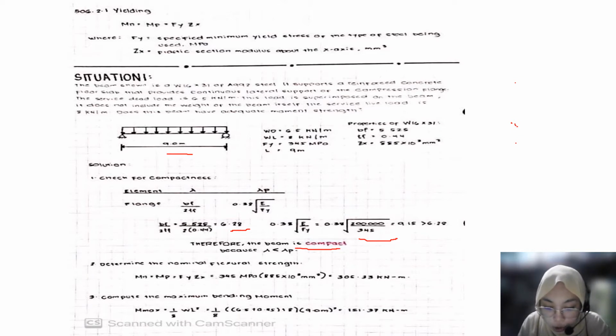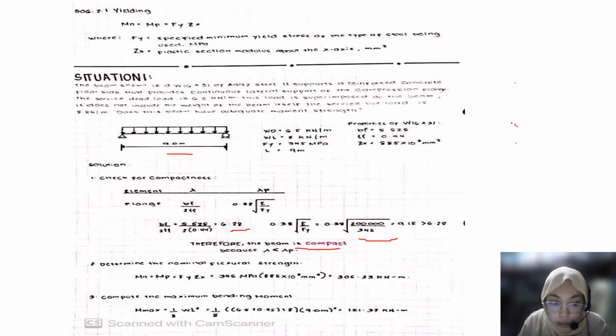So, substitute natin yung Fy, which is 345 MPa, and multiply by the Zx, yung given din natin, na 885 by 10 raised to 3 mm cubed. And makukuha natin ay 305.33 kN meter.